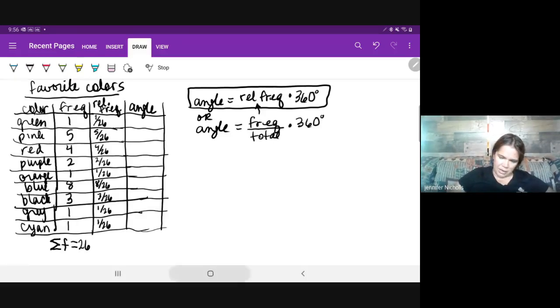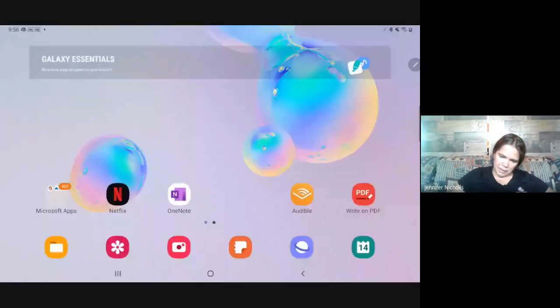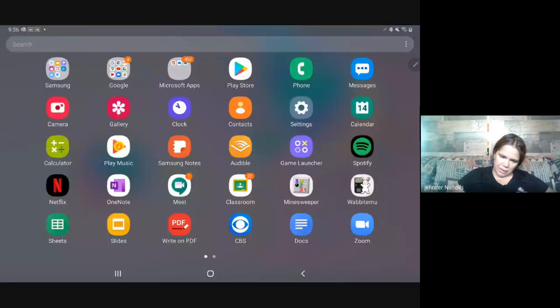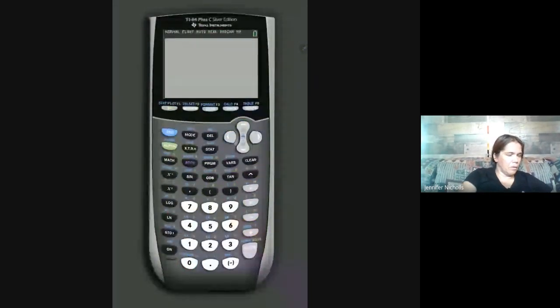I can go to calculator. Where's my calculator? I actually have a graphing calculator. On my calculator, I'm going to do 1 divided by 26 and then times 360.